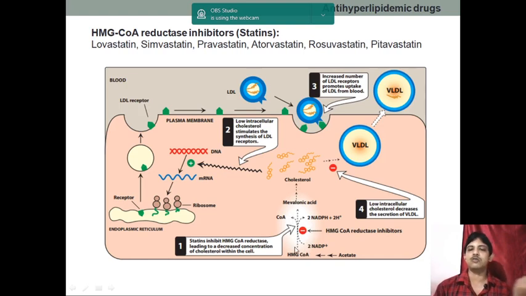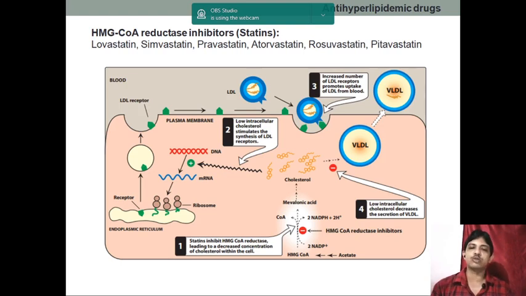Now, whenever we give a statin, how does it act? Statins inhibit HMG-CoA reductase. This enzyme is inhibited by statin-type drugs. If they inhibit HMG-CoA reductase, what will happen?